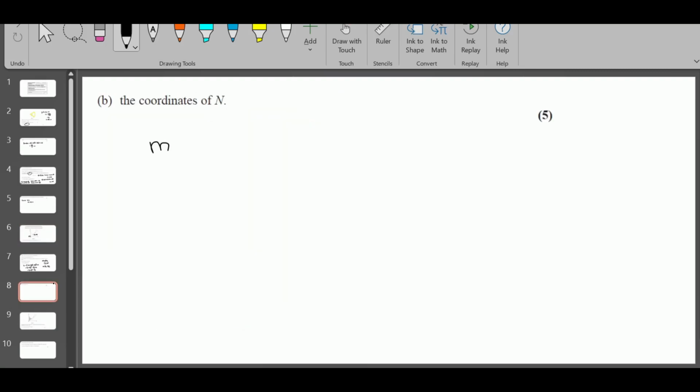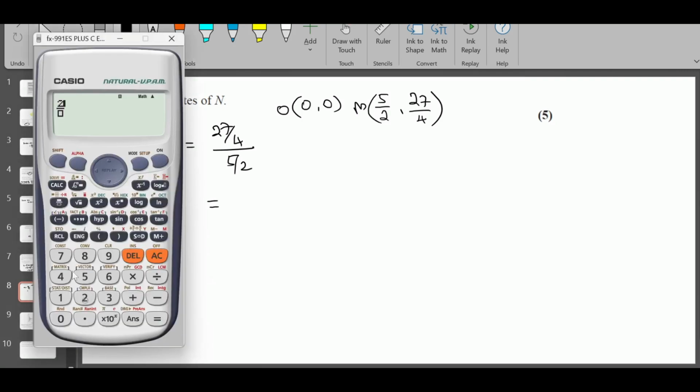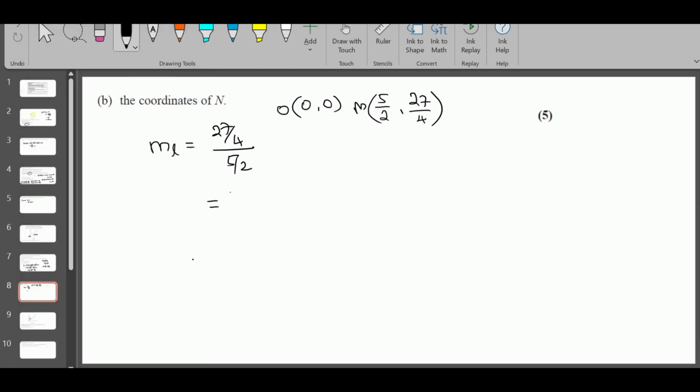The slope of L is equal to, the 2 points are the origin and M. This is M, this is origin. So y2 minus y1 over x2 minus x1. Okay, 27 over 4 divided by 5 over 2. 27 over 10.